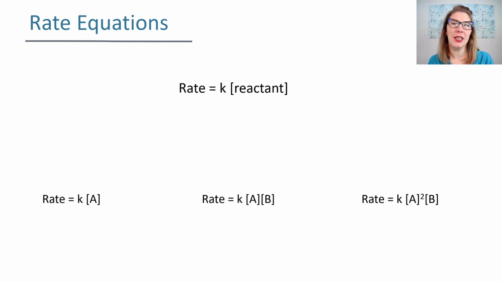So a rate is going to be how quickly a reaction is going to happen. And the rate of reaction can depend upon a couple of things. First, we're going to look at the rate equation. In the rate equation, you have this K, and that K is your rate constant.